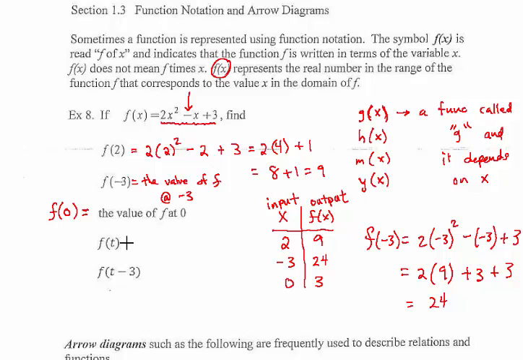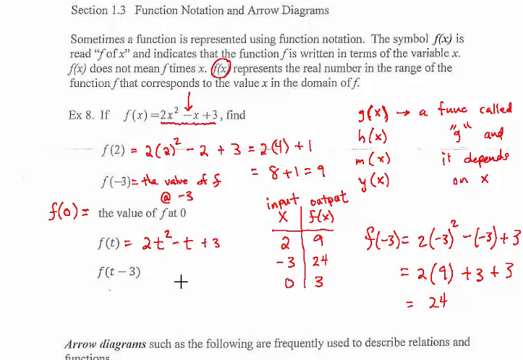The next one is liable to throw a lot of students off. F of t, and we're given the function in terms of x. You do the same thing that you did with the numbers. You simply take the x and you replace it with a t. This is actually one of our favorites because all we do is replace one letter with the other, and we don't know what number t is, so that's as far as we can go.